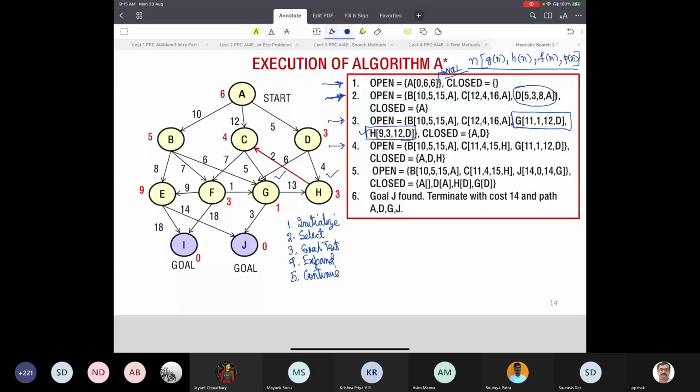H has. Yeah, but our objective is to choose the one with minimum F, no? We can choose any algorithm. Yeah, we can choose any one of them. Correct? Yes, sir. Good. So you have chosen H.